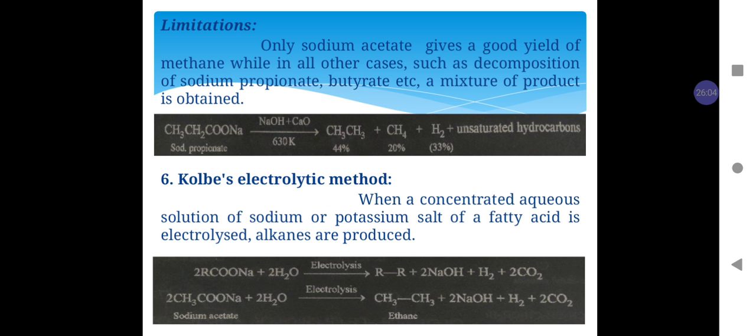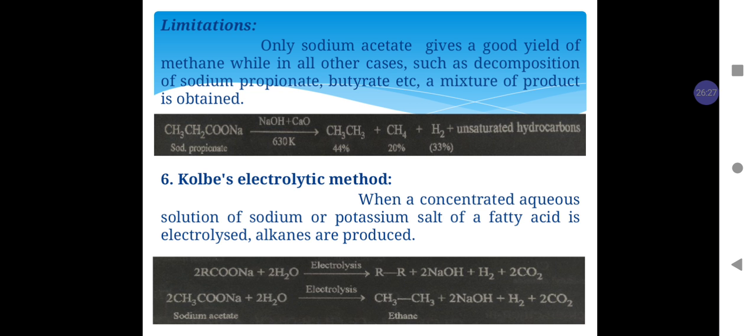A limitation of this method is that only sodium acetate will give a good yield of methane, while in all other cases, such as decomposition of sodium propanoate or sodium butyrate, a mixture of products is obtained.